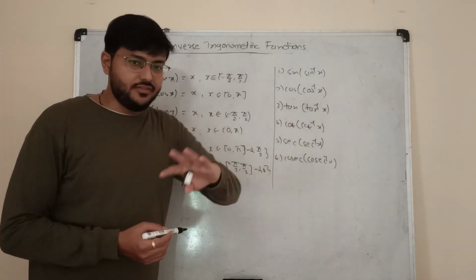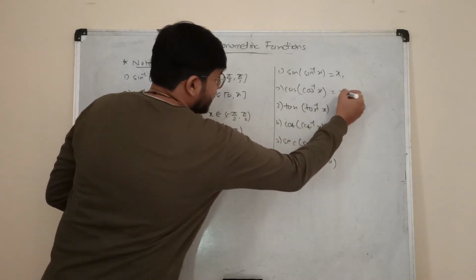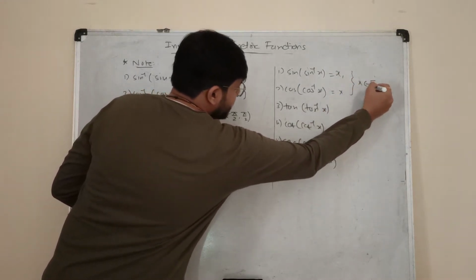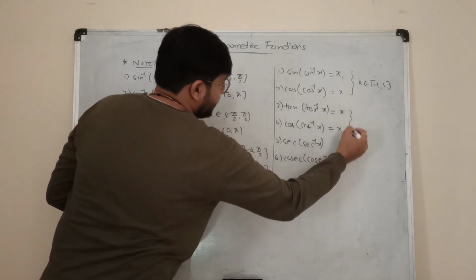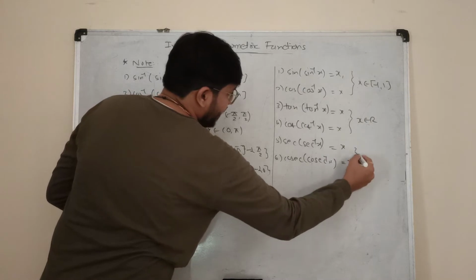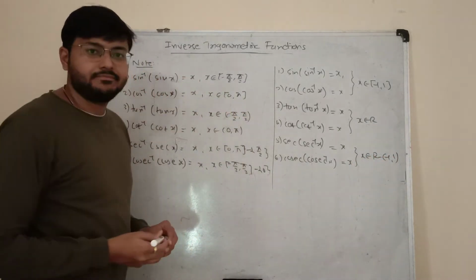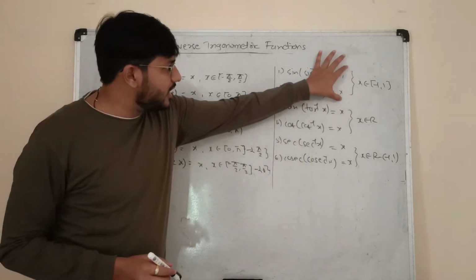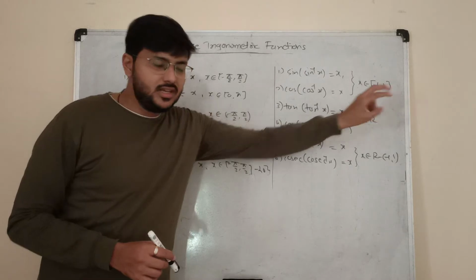The only difference is the domain. For sine and cos it is x for x belongs to minus 1 to 1, and for tan and cot it is x for x belongs to R; for sec and cosec it is x for x belongs to R minus (minus 1 to 1). I only used curly brackets because both have a similar domain. Hope you understand.